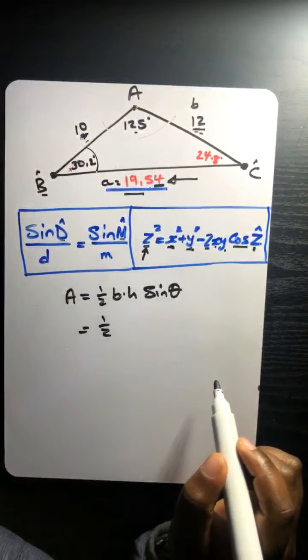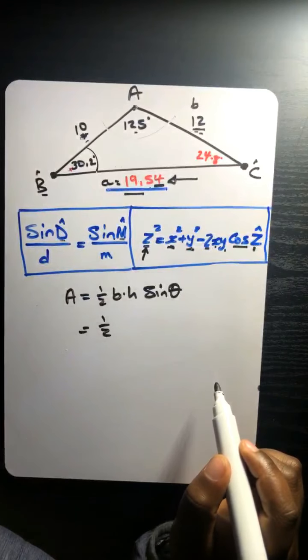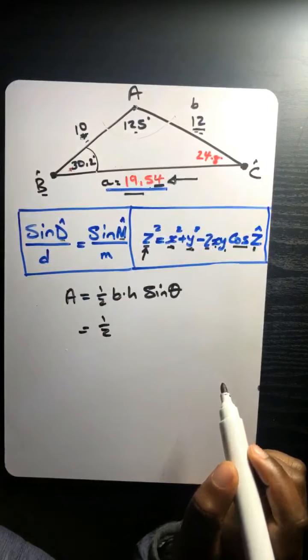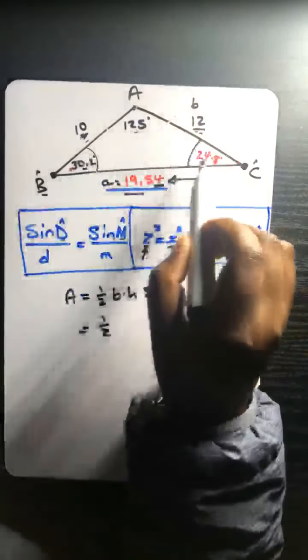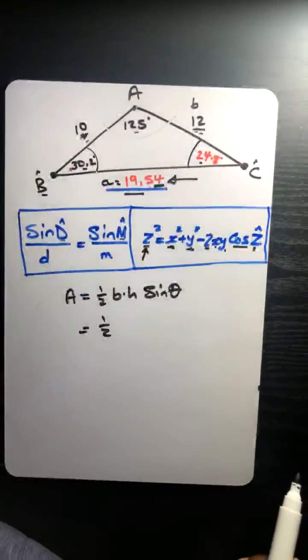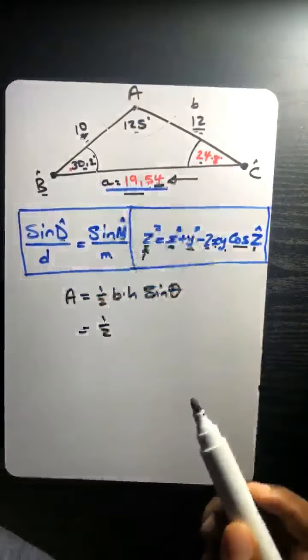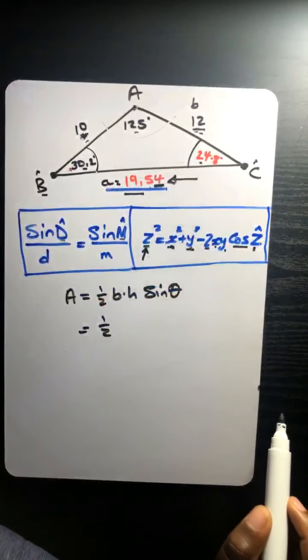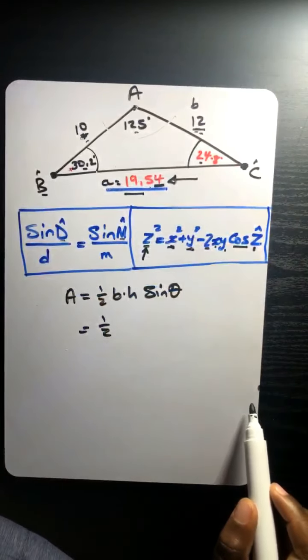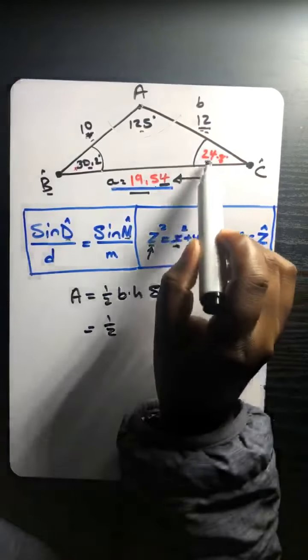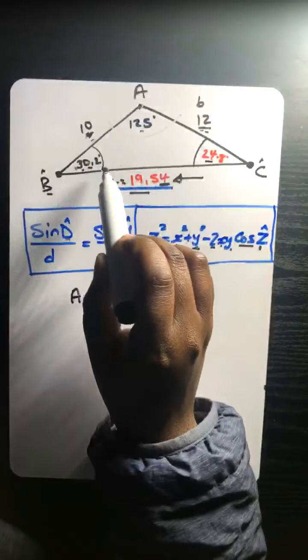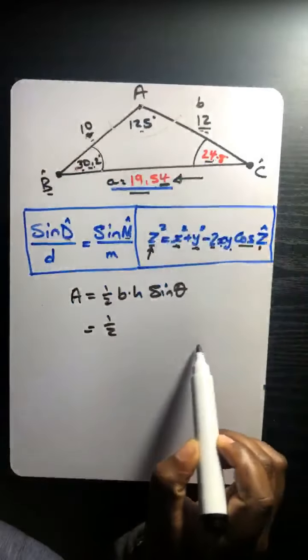It's a matter of which angle can we use. Out of these angles, which angle can we possibly use? Of course, we can use any angle, but which one is it better to use and why? A, sir, because it was given to us. Yes, so there's less chance of mistakes. If you made a mistake with these angles and you use them in your formula, you are most likely to get it wrong.